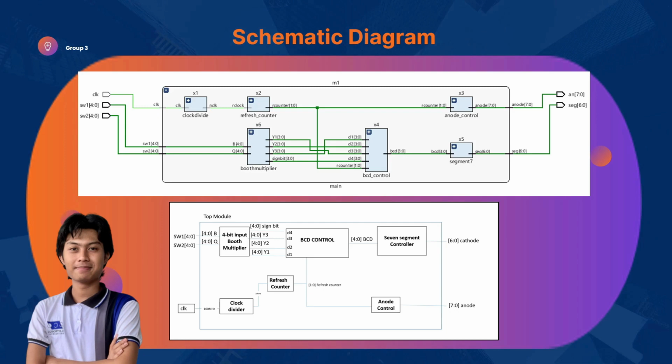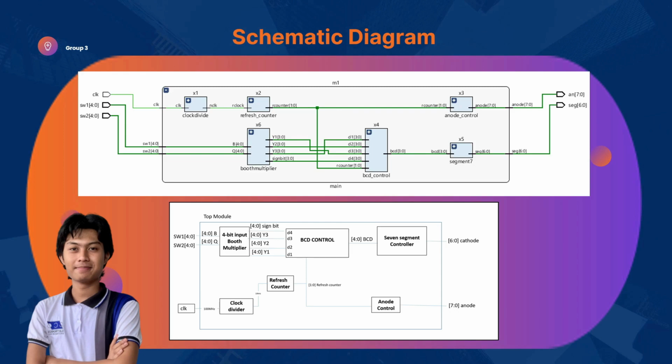I mean, there are two 4 bits, but they have an extra 1 bit, which is the sign bit. So switches SW1 and SW2, with 5 switches each, are for the multiplicand B and multiplier Q respectively.